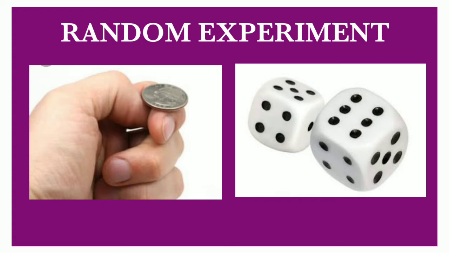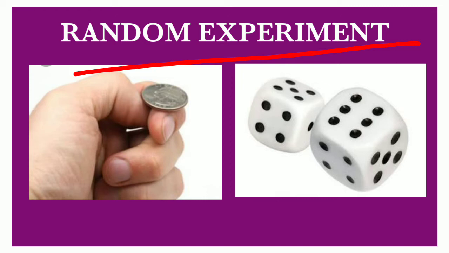So, what are the possible cases? Only two results. One is head or the other one is tail. But before the tossing of a coin, we cannot predict the correct result. Can you control the result of the toss? No, that is not possible. So that type of experiment is known as a random experiment.